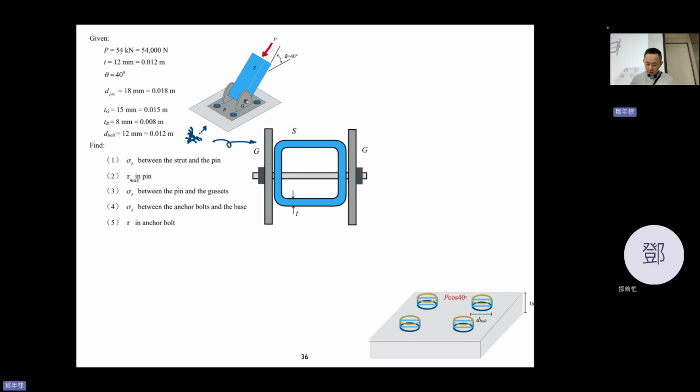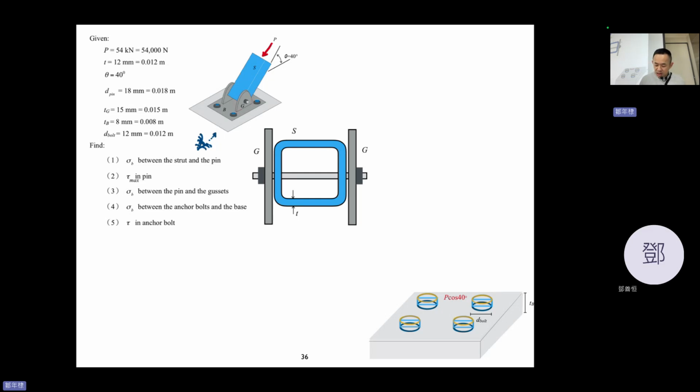So you see through this, and you see this one. The S is the squared tube. The strut is a square tube, and there is a pin connecting it with the gusset.